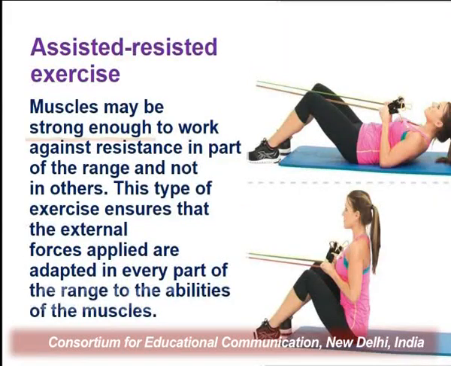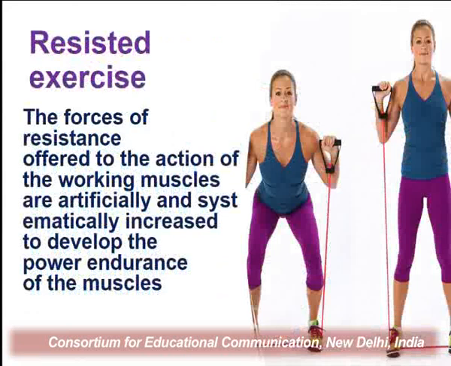Then assisted resisted exercises. The muscles may be strong enough to work against resistance in part of the range and not in others. This type of exercise ensures that the external forces applied are adapted in every part of the range to the abilities of the muscles.